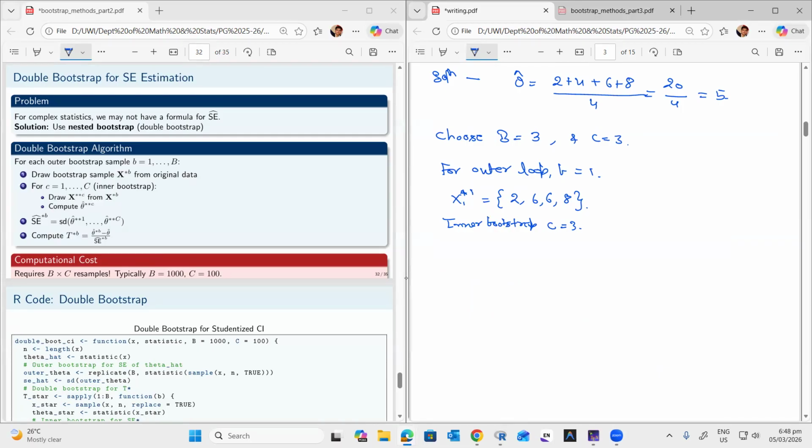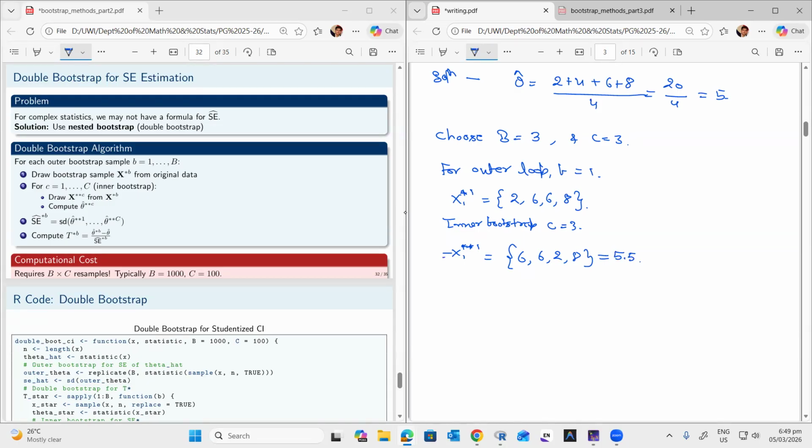If I take the first sample, that is my x1 star 1, suppose 6, 6, 2, 8. This could be one sample because I'm sampling with replacement. At that time, what will be the mean? 10 plus 12, 22, divided by 4. That is 5.5.